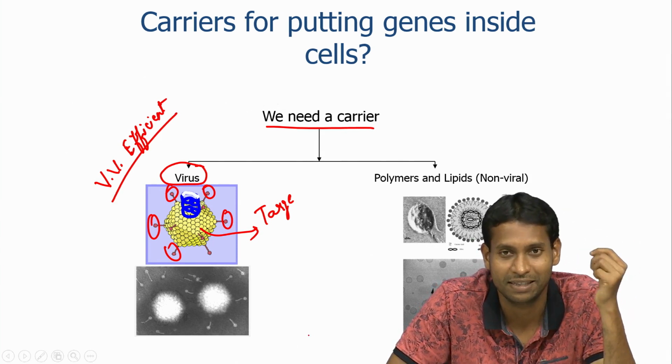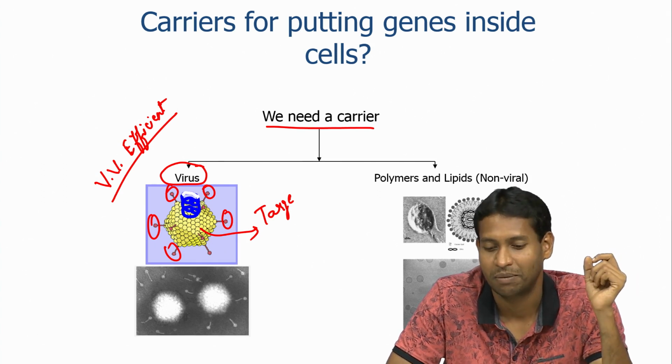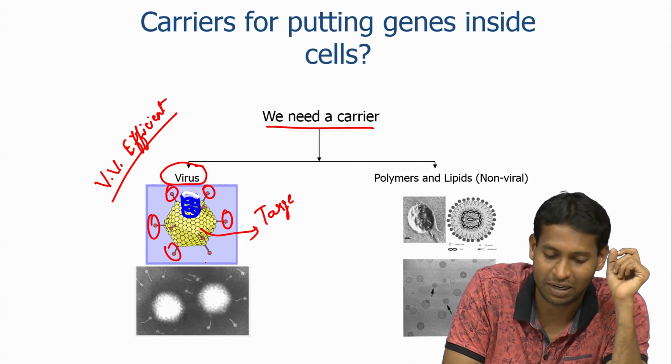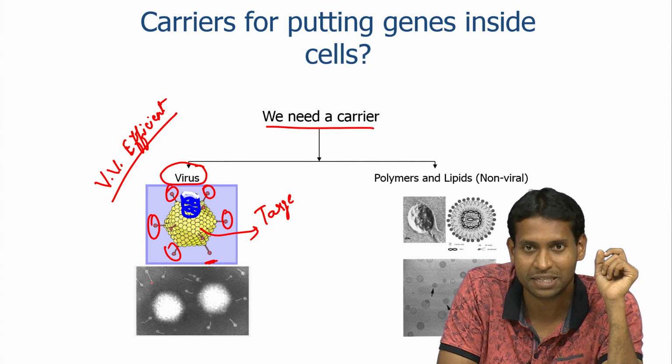This technology that is made by evolution is very efficient, but the problem is of course, and we will discuss this in more detail, that if you are not able to remove all the viral genome, you are talking about causing a new disease.